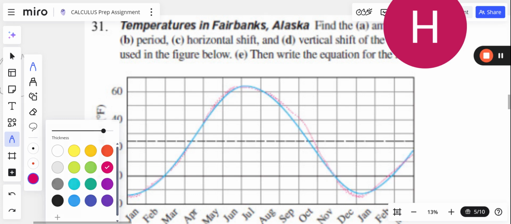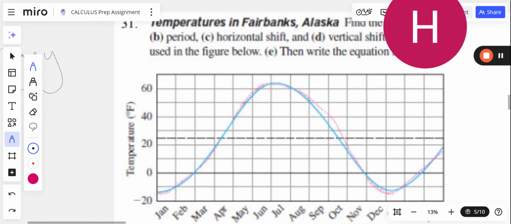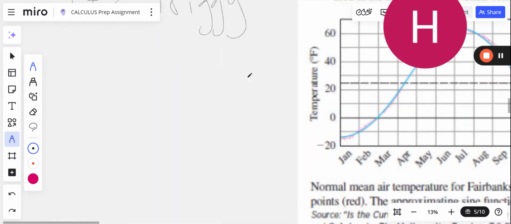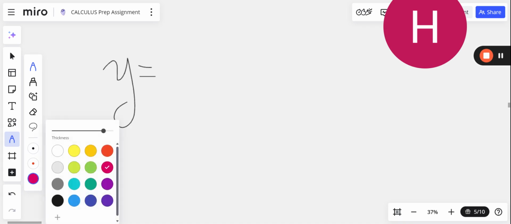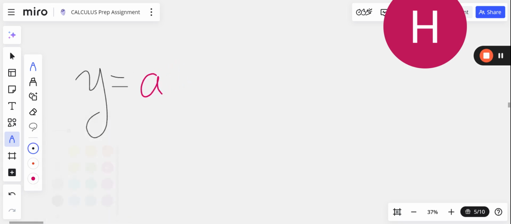What's the general equation for a sine or a cosine function? Let's take a look at this. We have y equals a times, we'll use sine for now, of b parentheses x minus c.